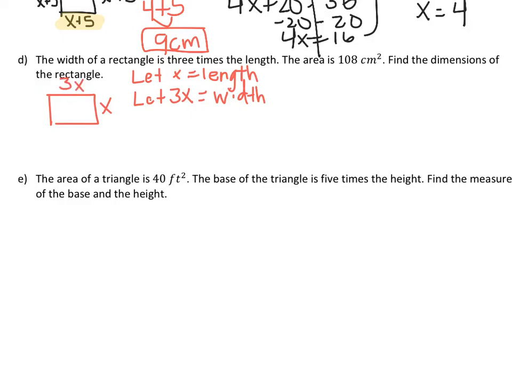This time we're not finding perimeter. This time we are finding area. Remember, our formula for area of a rectangle is base times height. So area equals our base, or length, which is x, and our height, or width, which is 3x.